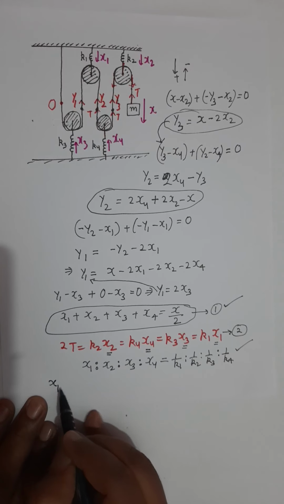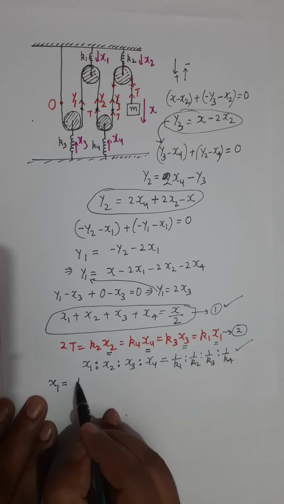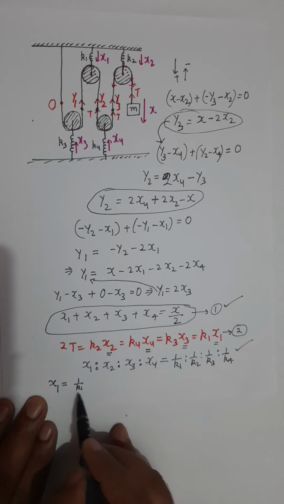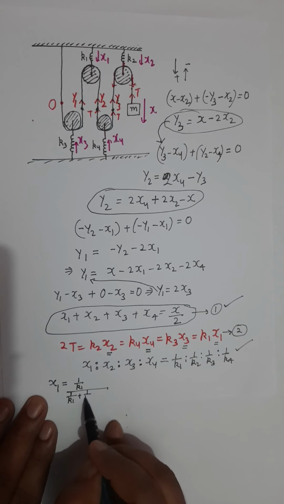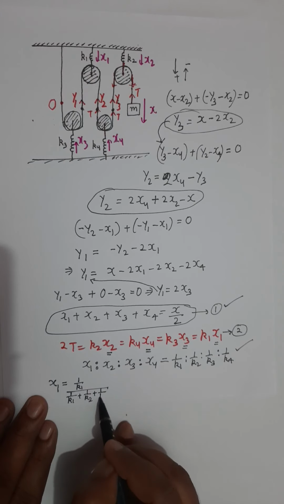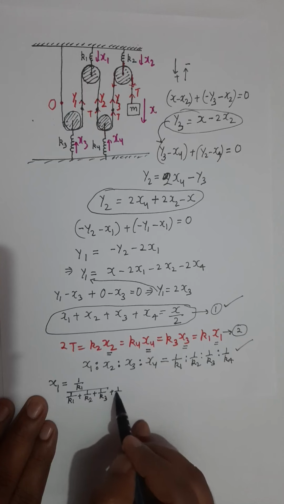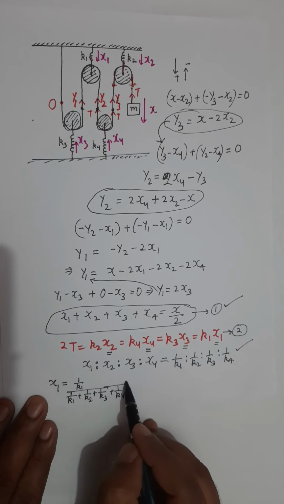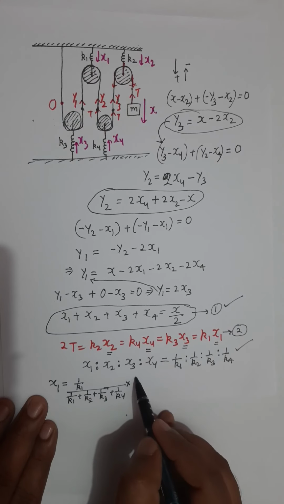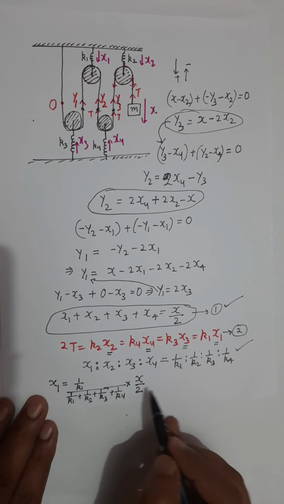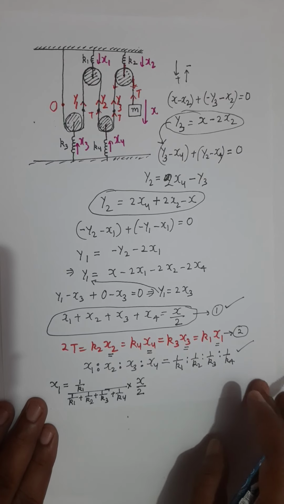Without going into detail, I will write the value of x1, which will be 1 over k1 divided by 1 over k1 plus 1 over k2 plus 1 over k3 plus 1 over k4 times x by 2. That will be the value of x1.